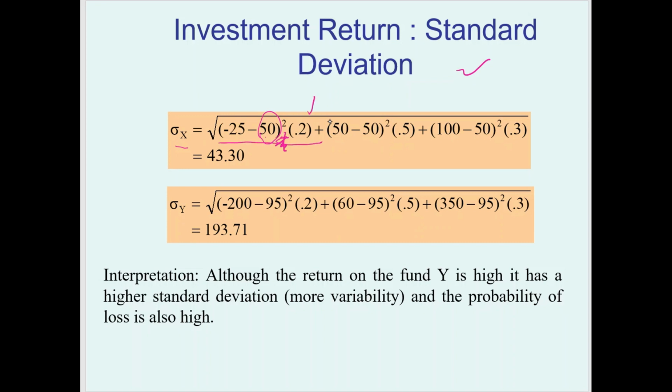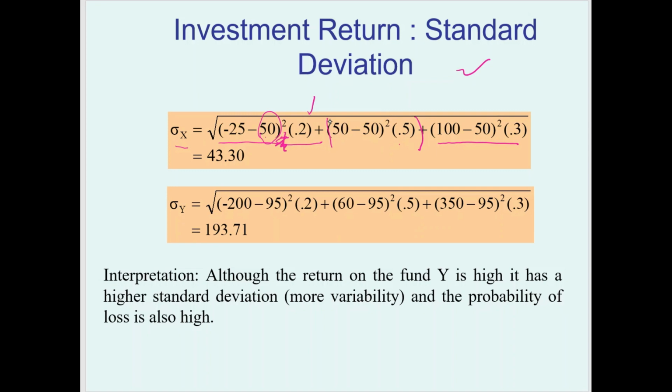And then the second one, 50, because this is the outcome for your fund X, the second one, X2, minus your expectation here. So you times the probability of you getting this second outcome, which is 0.5. And same goes for the third one, which is X3, 100, right? We minus 50, which is your expectation, squared, and times the probability.